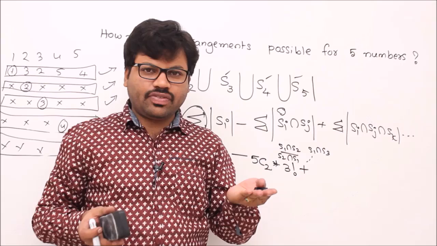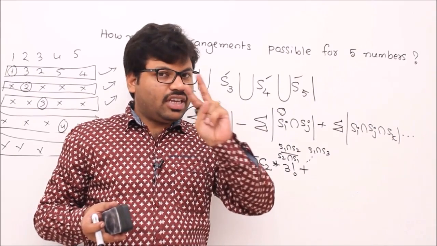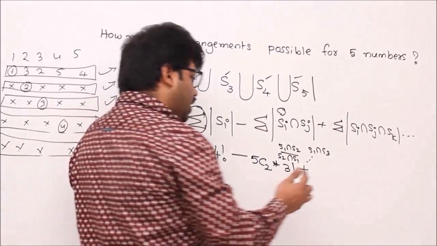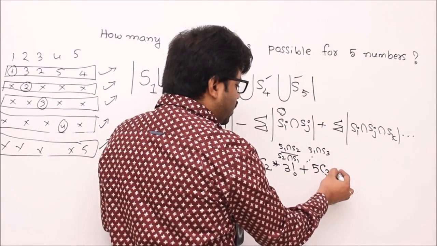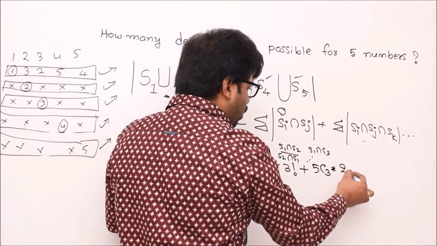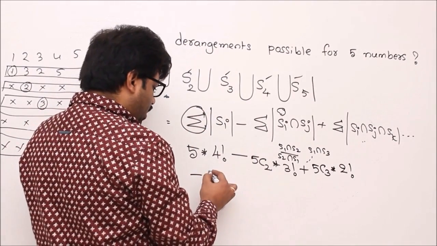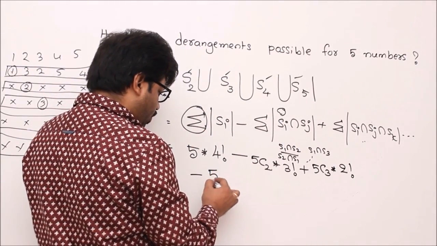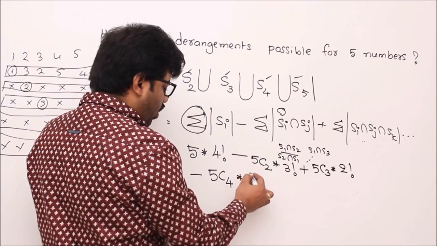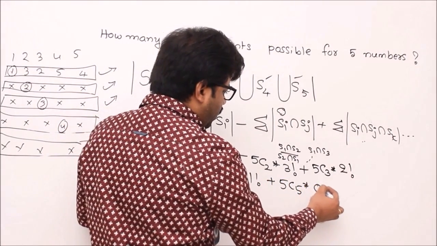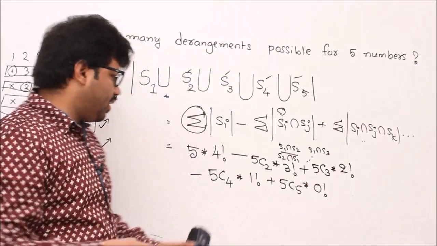How many combinations can we form with 3 teachers out of 5 teachers? Is it not 5C3? Yes, that's why there are 5C3 such combinations, and each combination's value we computed, which is 2 factorial. Next, all size 4 intersections are 5C4 into 1 factorial, plus 5C5 into 0 factorial. Okay, if you extend it, you get like this.